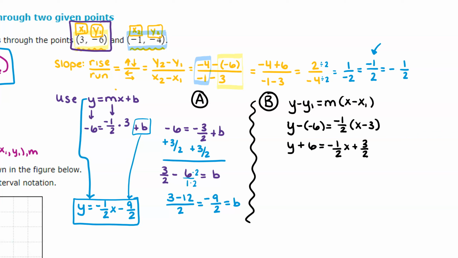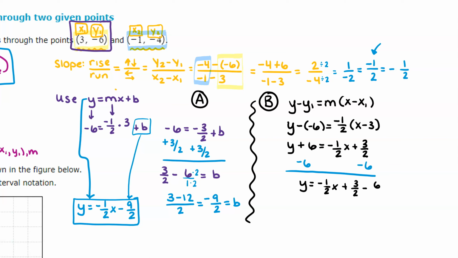And now to get y alone, I'm going to subtract 6 from both sides. And you see how this kind of already worked out with the same math? I'm going to have to do y equals -1/2 x and then plus 3/2 minus 6.